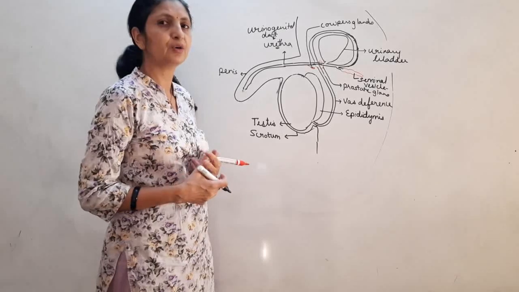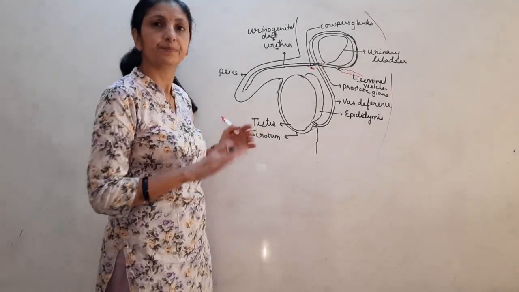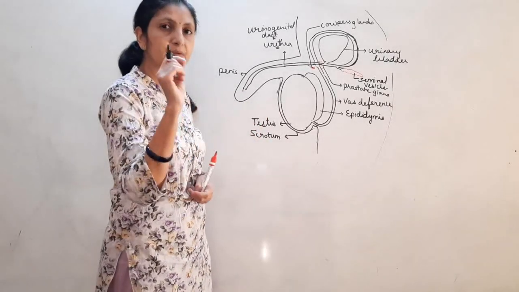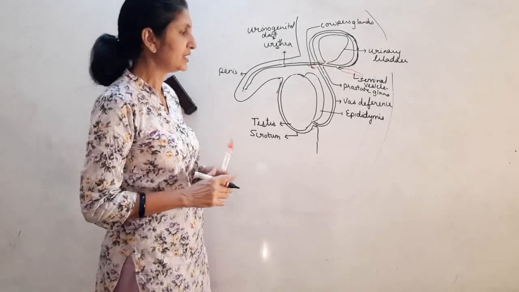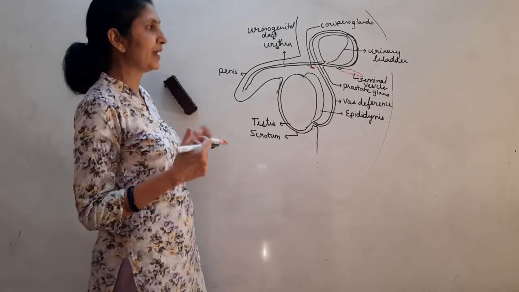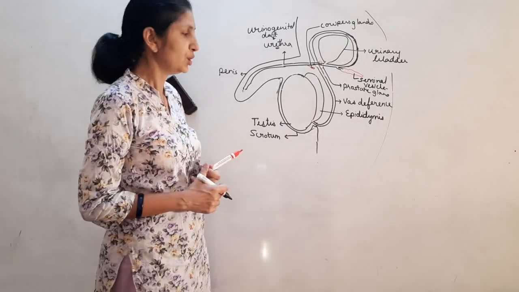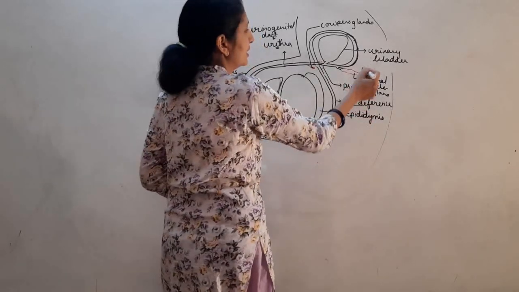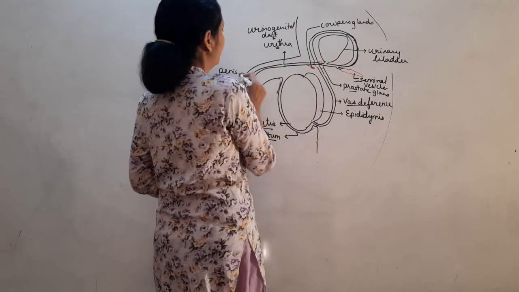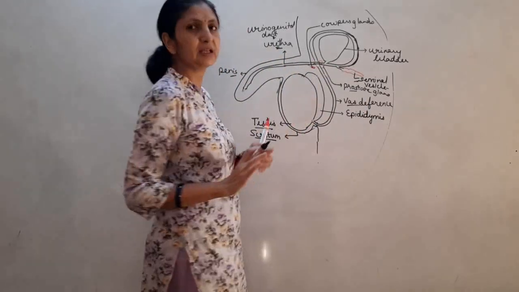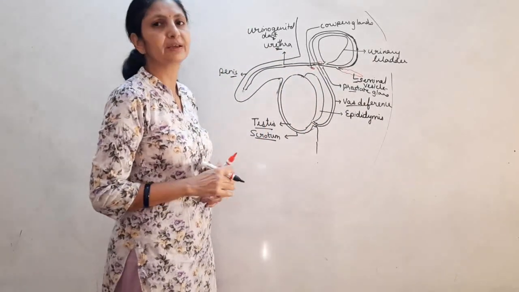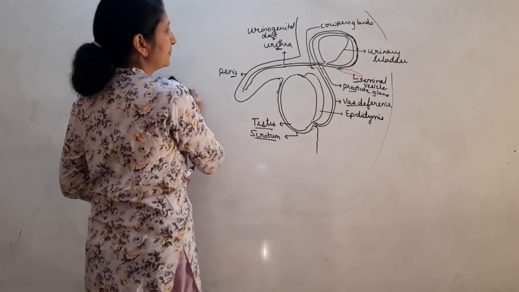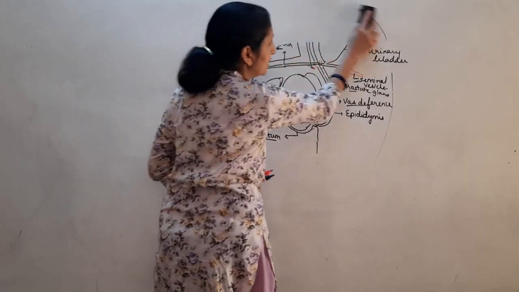Now let us talk about them in detail, the functions of each part. So after drawing this, just practice it a little. You will be able to draw. अगर आपने 1, 2, 3, 4, 5, 6 ये इतने structures कर लिए, you would be getting marks. ठीक है, main चीज़ है इनका function.